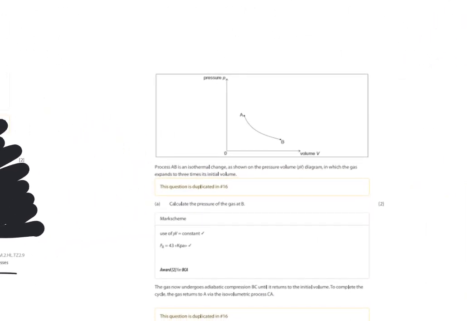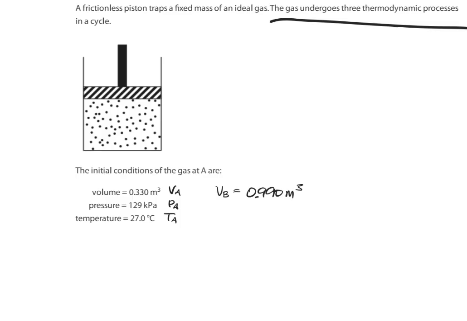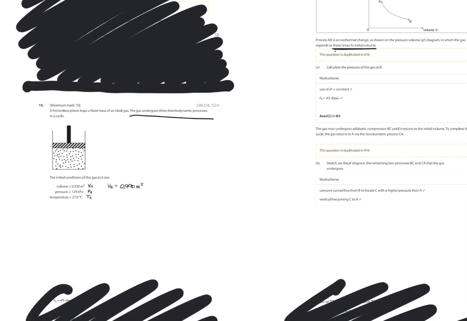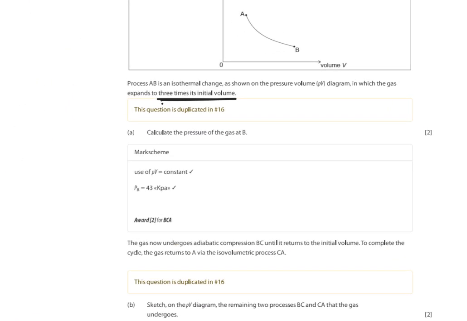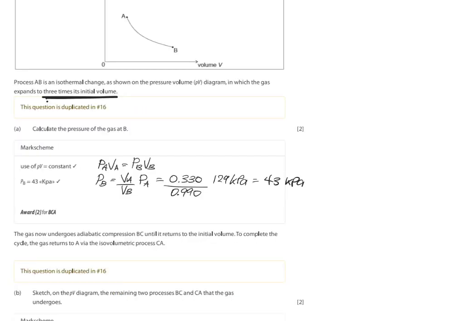AB is an isotherm, and it says calculate the pressure, in which the gas expands to 3 times its initial volume. Therefore, the volume at B is 0.990 meters cubed. And then it says, let me guess, it wants the pressure. Yep, pressure at B. So it's a use of PV equals a constant, because it's isothermal.